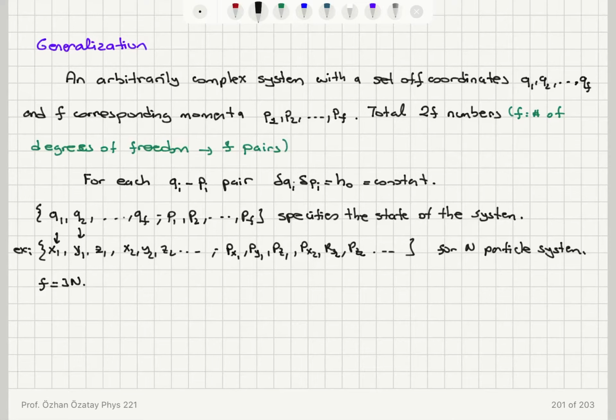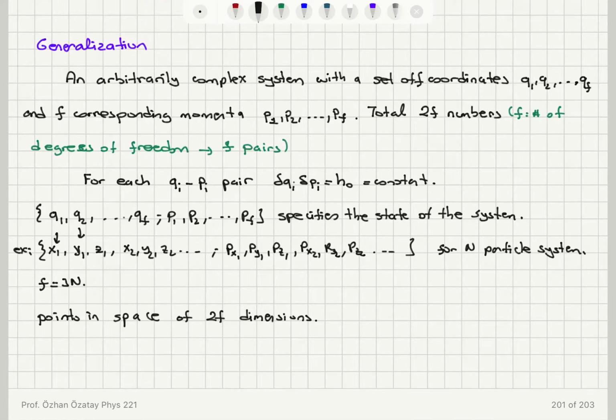All right, so this is going to be corresponding to points in space where I have F Q values and F corresponding momentum values. So I have a space of 2F dimensions.